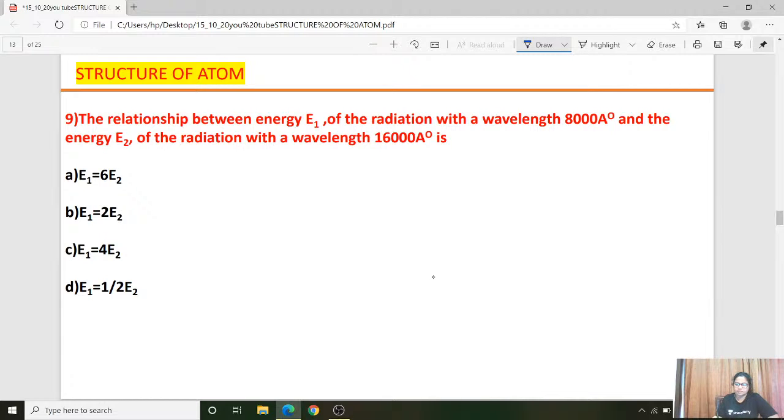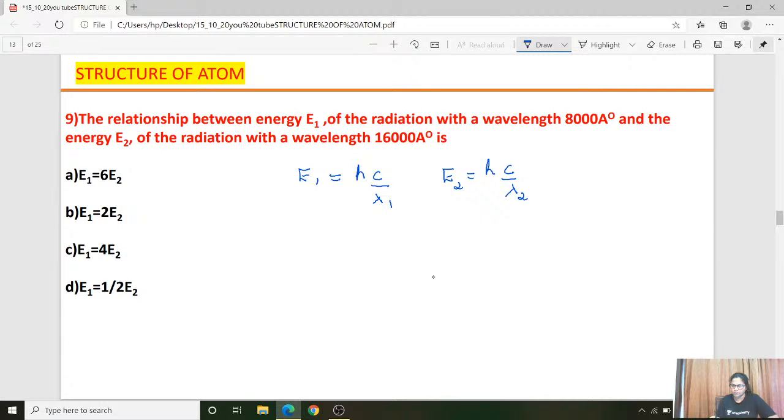Find out, students. We know that E1 is equal to h nu. h nu can be written as hc by lambda. Similarly, E2 is equal to hc by lambda 2. Correct? Because nu is equal to c by lambda.